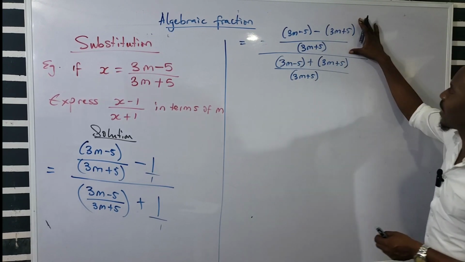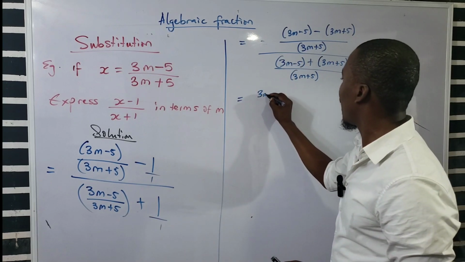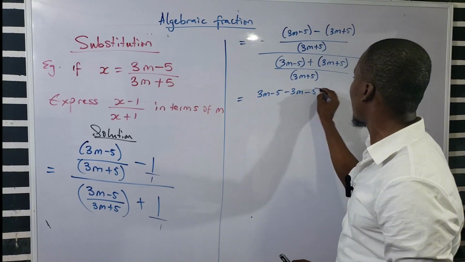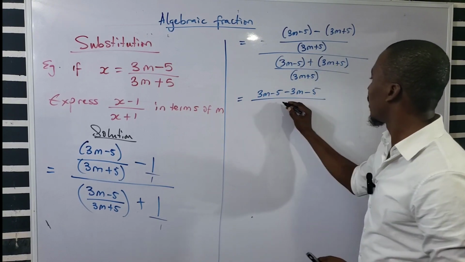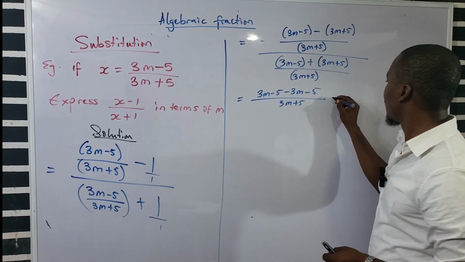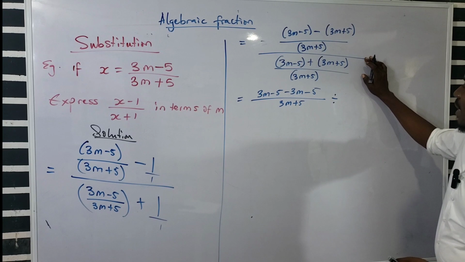So simplify the numerator, simplify the denominator. So that will give us 3m minus 5 minus 3m minus 5 all over 3m plus 5, okay?